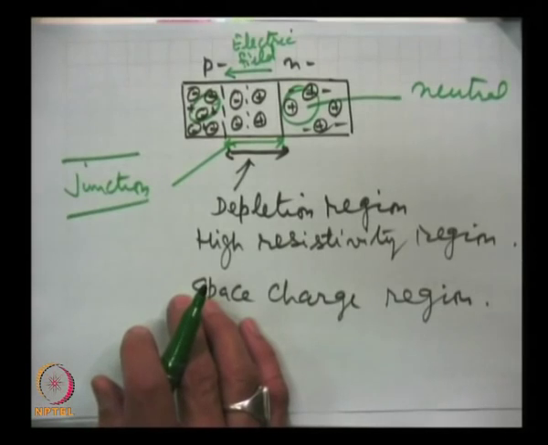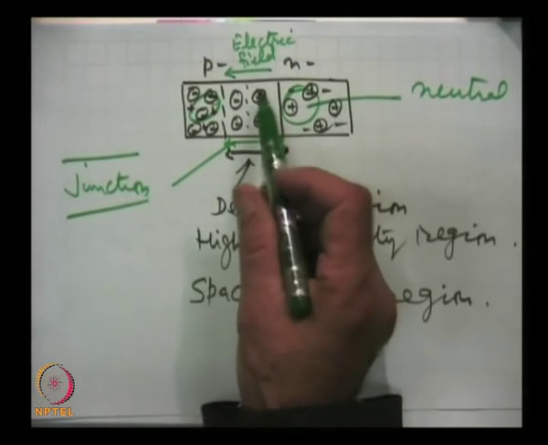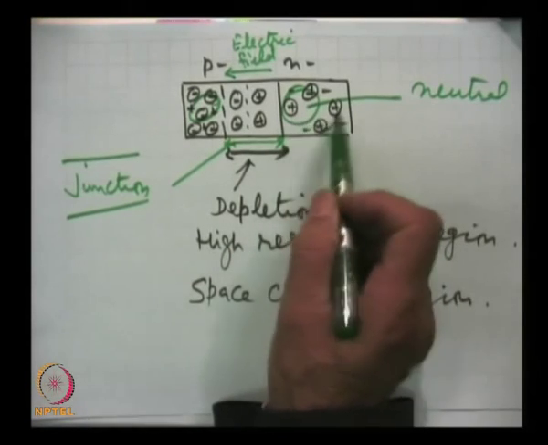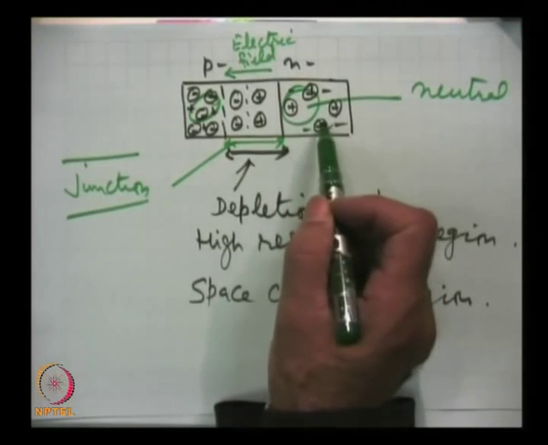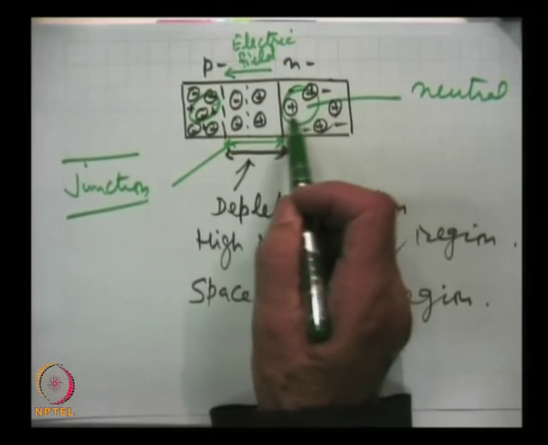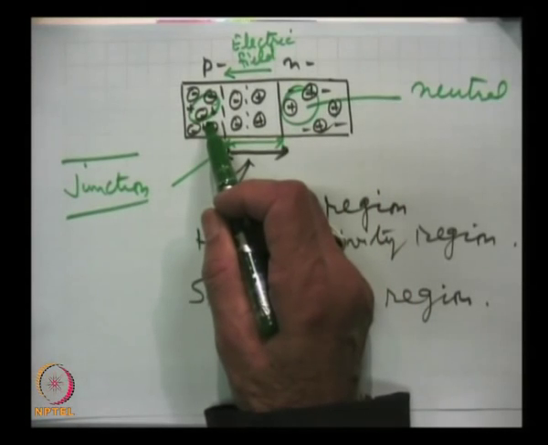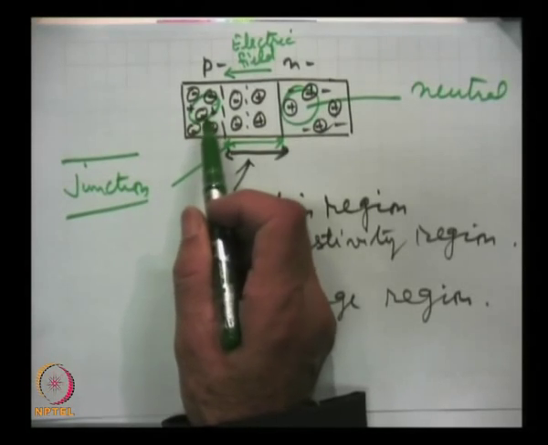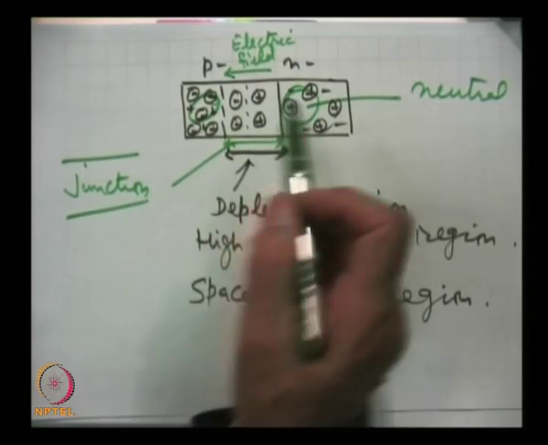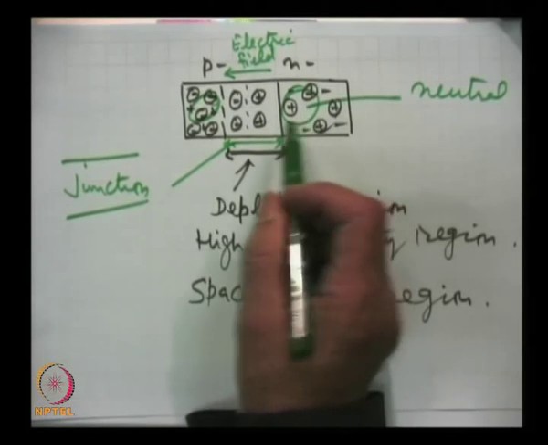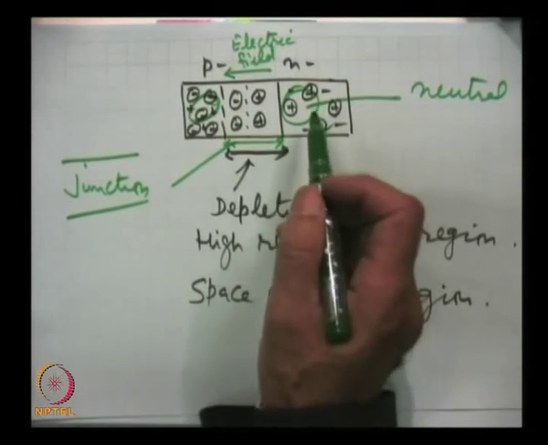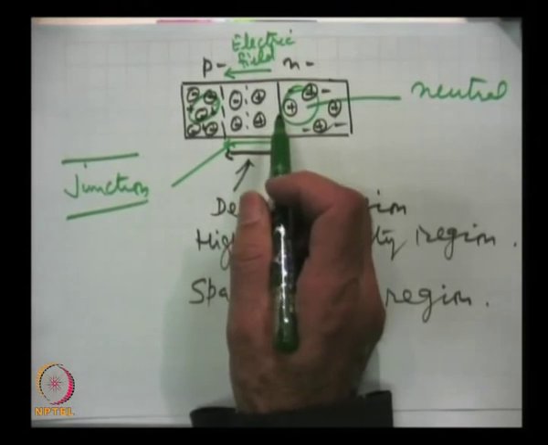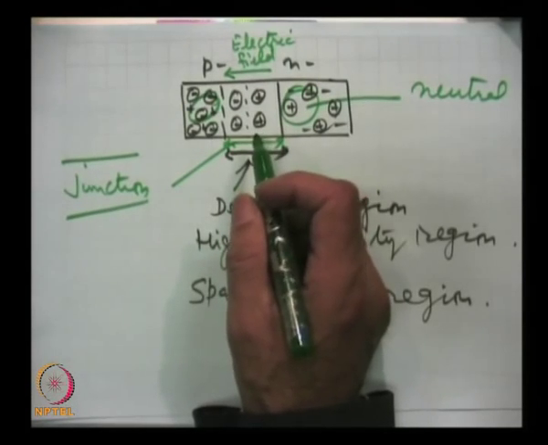Because of this electric field, the holes in the n region, which were in minority, will drift towards the p region, and electrons, which were in minority in the p region, will drift towards the n region, and that will constitute what we call drift current.